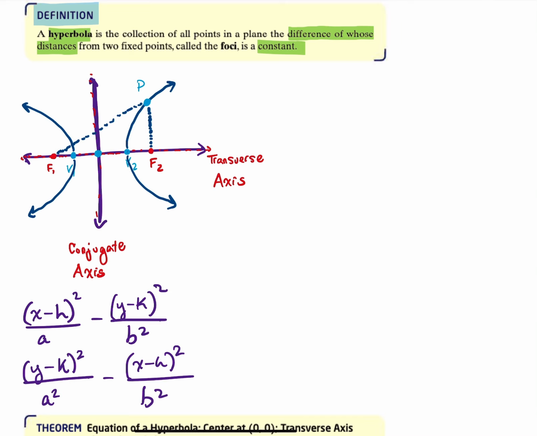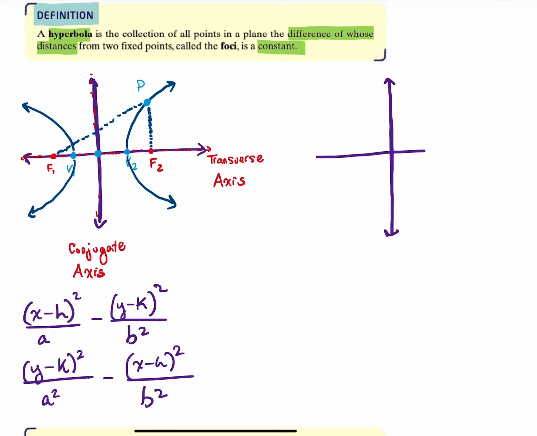So let's define what a and b mean in this context. So let me draw another picture. So we have our two vertices. Our focus points are on the same line as the vertices, but on the outside. So these values a and b, maybe I should write it out first.